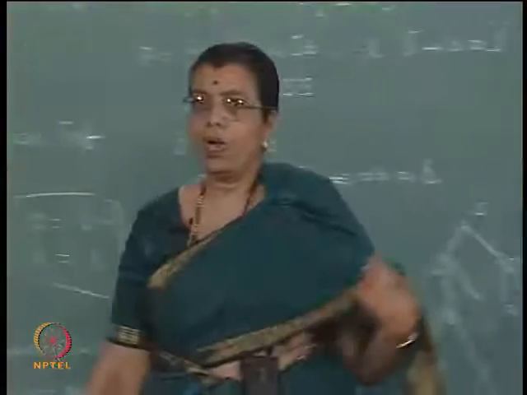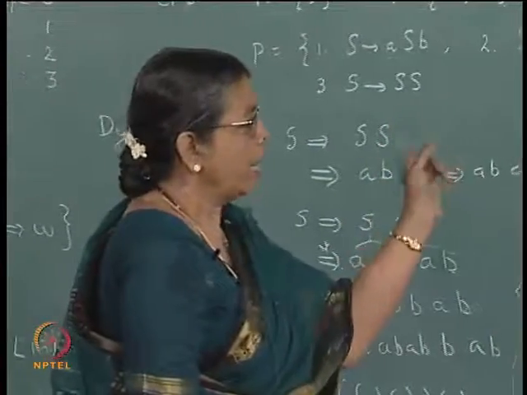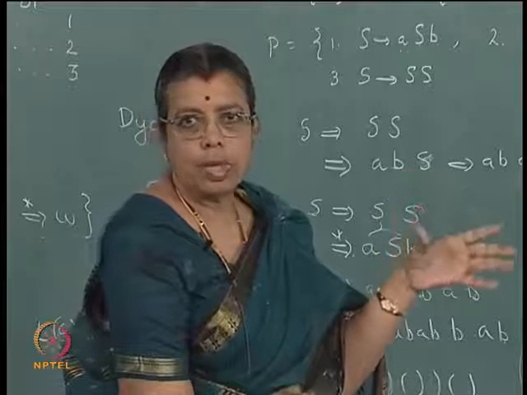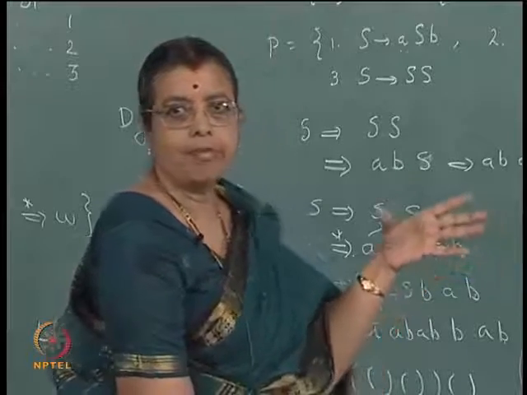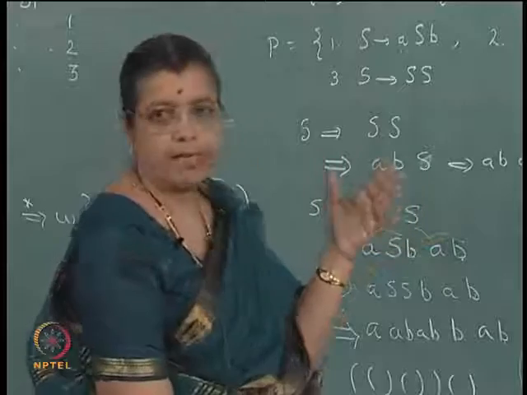So, you will find that any string you can derive in such a way using a leftmost derivation, in any sentential form you need to have at most 2 non-terminals. The maximum number of non-terminals occurring in any sentential form is 2 if you use a leftmost derivation.